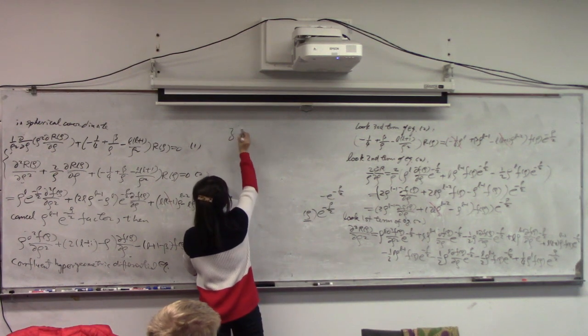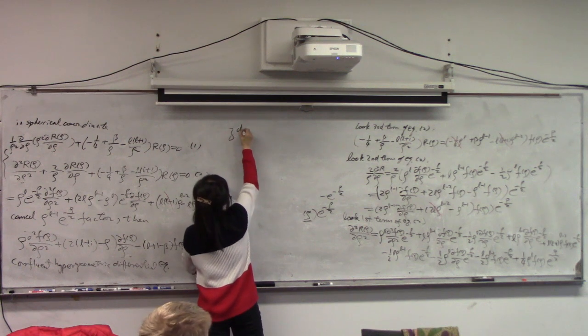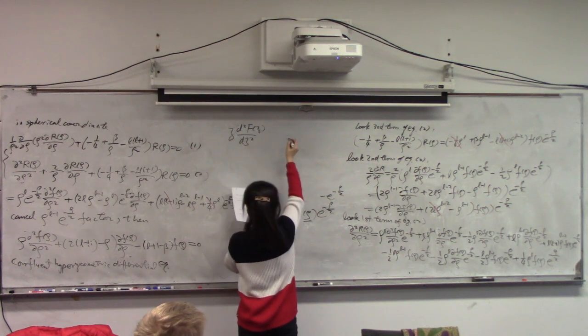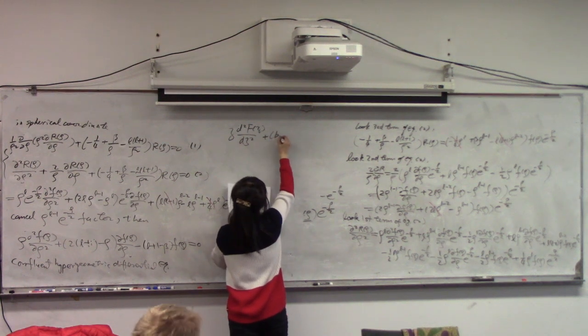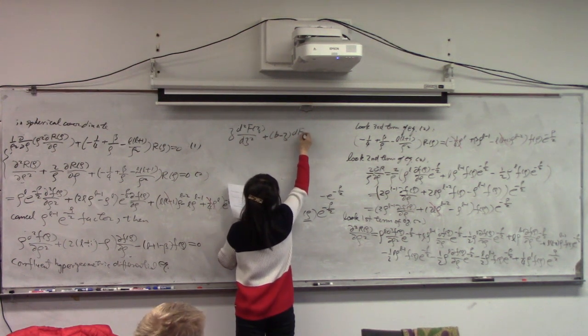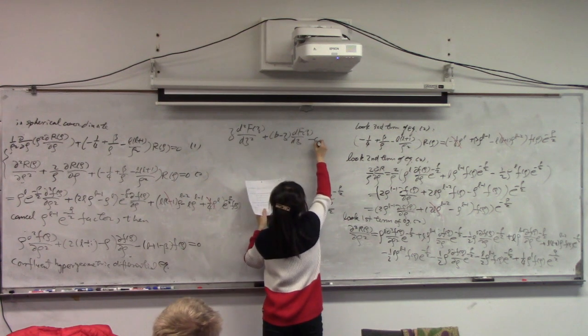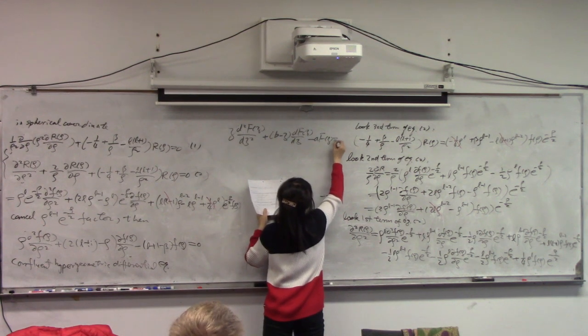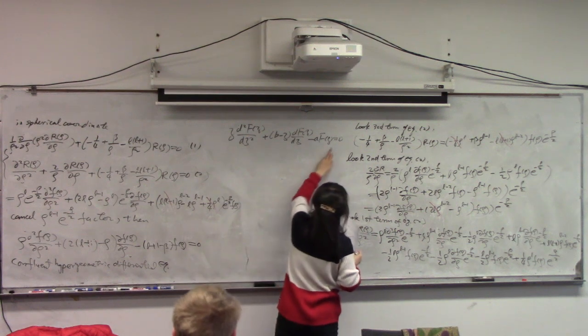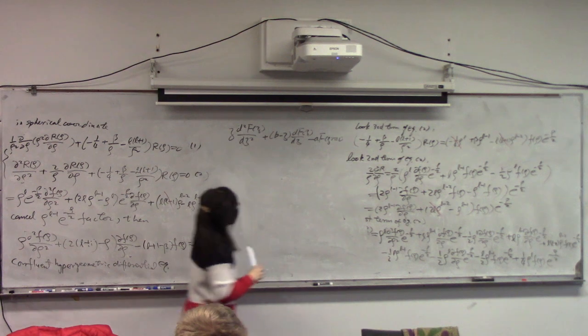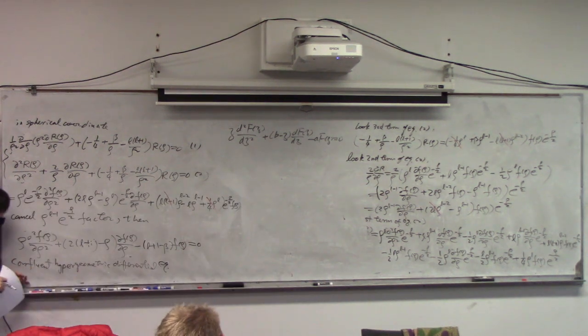But in general, if your variable is z, d square f z dz square, plus constant b minus z, the first order, and then minus constant a multiplied by f z equal to 0. That is a general confluent hypergeometric equation.